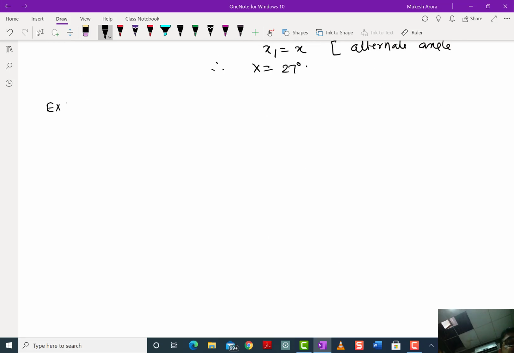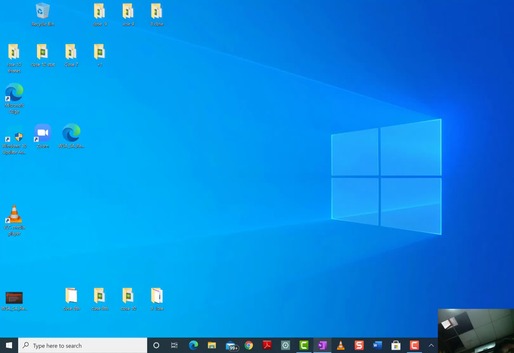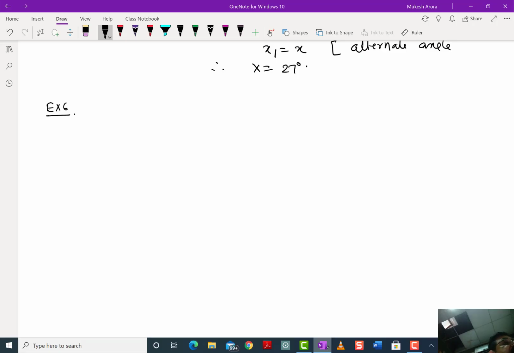Example 6. In a given figure, PQ is the diameter and O is the center.